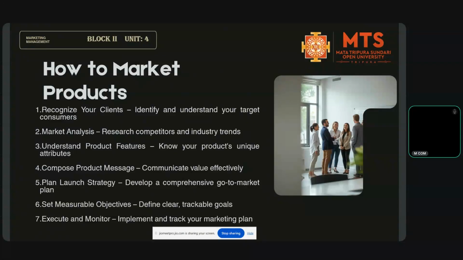Set measurable objectives, meaning your objective should be clear and also feasible. It is not that today I have launched a product and I say that I have to complete 2 to 300 crores of sales within 2 to 3 months. No, because when we are starting a product, it is not easy.